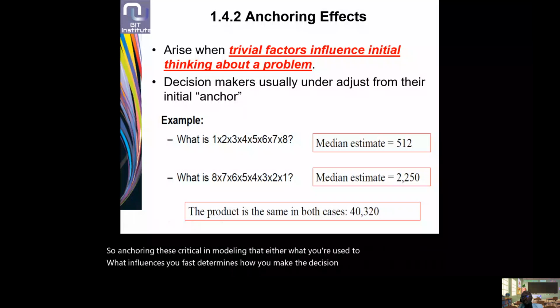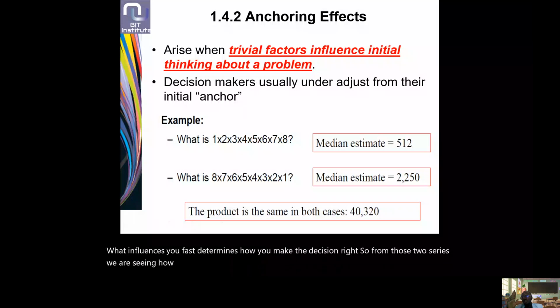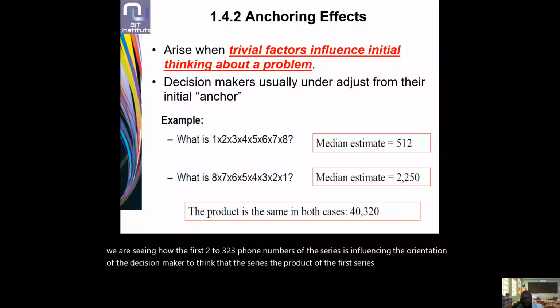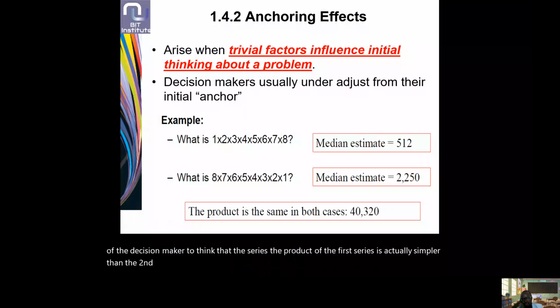From those two series, we are seeing how the first 2, 3, 4 numbers of the series influence the orientation of the decision maker to think that the product of the first series is actually simpler than the second. Yet, this is not the case. The products of the two series provide the same answer. So anchoring effects have a key influence on decision makers.